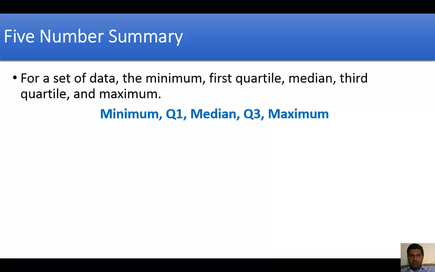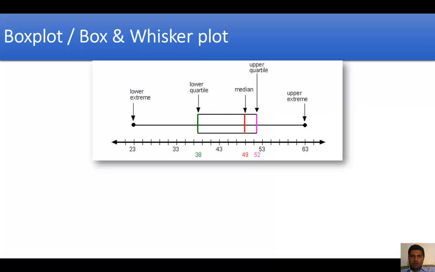One very important topic is the box and whisker plot, which we are going to discuss shortly, but before that we will see what the 5-number summary is. If you can calculate the first quartile, the median, and the third quartile, in summary you can construct the box and whisker plot, which is quite informative.